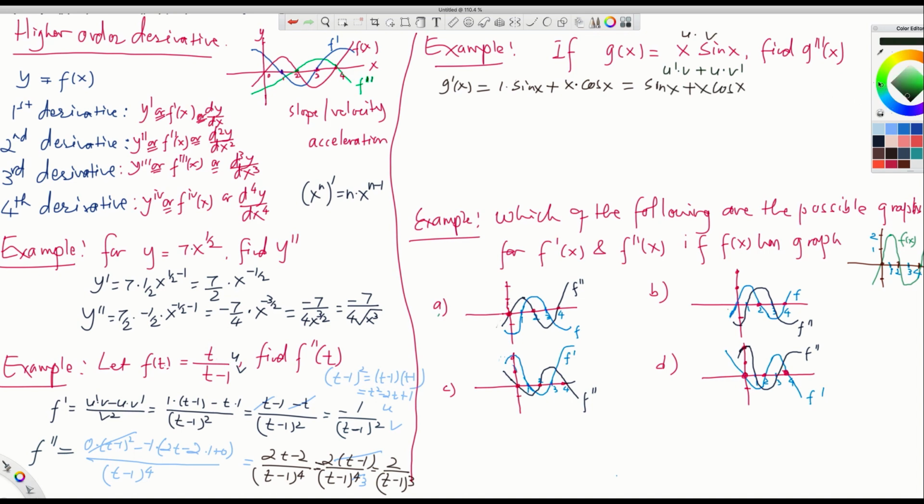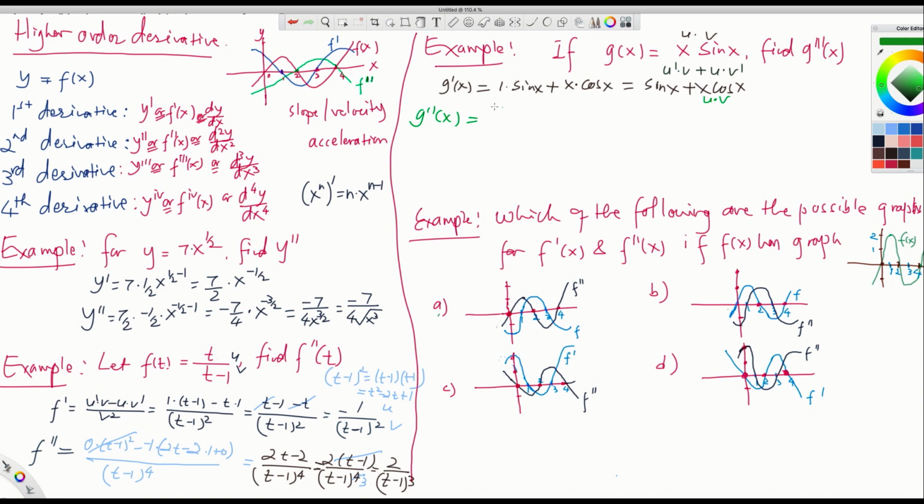Now I want to find out the second derivative, okay? To find the second derivative, you use that function. The derivative of sine x is cosine x, but x cosine x is u times v, so again there is a product rule, right? So what is g double prime of x? It is the derivative of g prime.